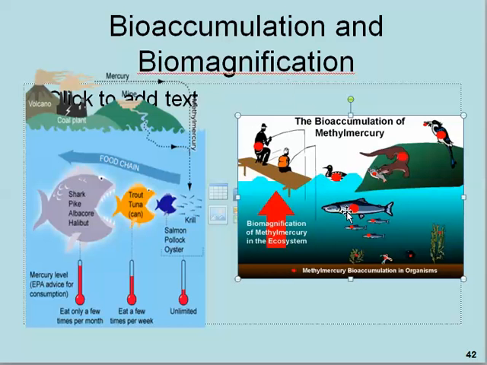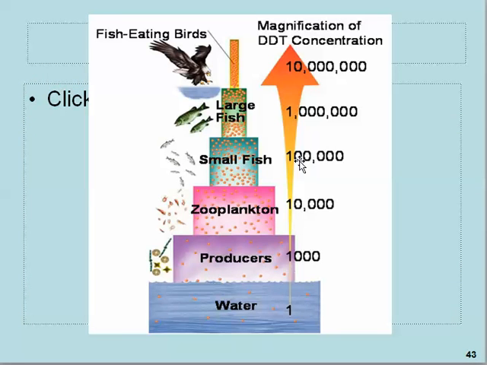So the bioaccumulation refers to the fact that it builds up primarily in fatty tissue. Biomagnification means that the concentrations are built up through the food chain. So if we look at this pyramid, well, we've just talked about a pyramid that represents the different trophic levels. We know that energy dissipates or is lost as you move up.